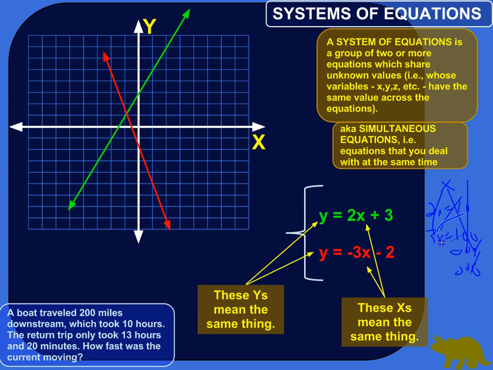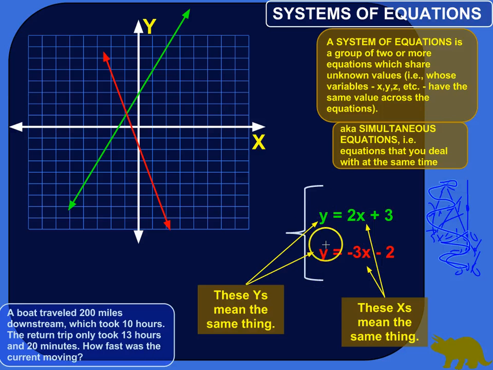Well, a system of equations is a group of two or more equations in which the variables do mean the same thing. They have the same value across the equations.